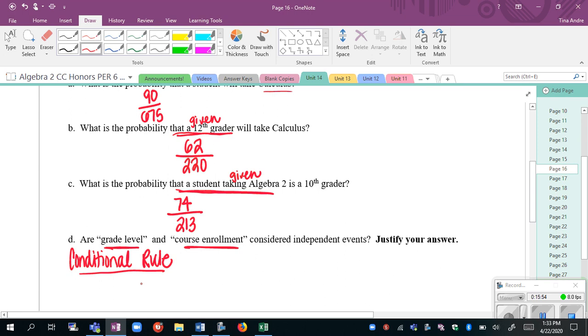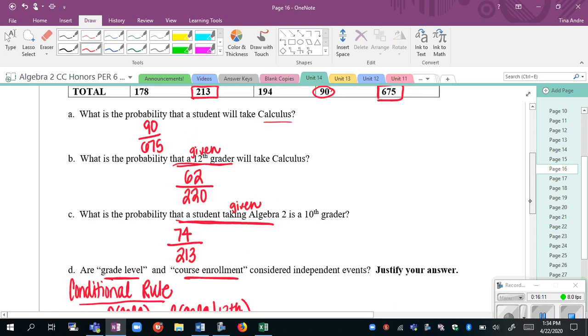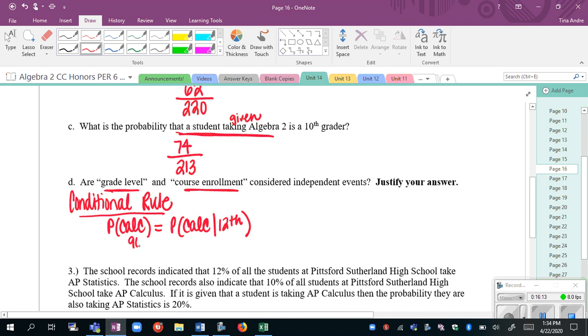So for the conditional rule, I'm going to look at the probability of calculus. Is that equal to the probability of calculus given 12th grader? Because I already have those. The probability of calculus is part A, so 90 out of 675.